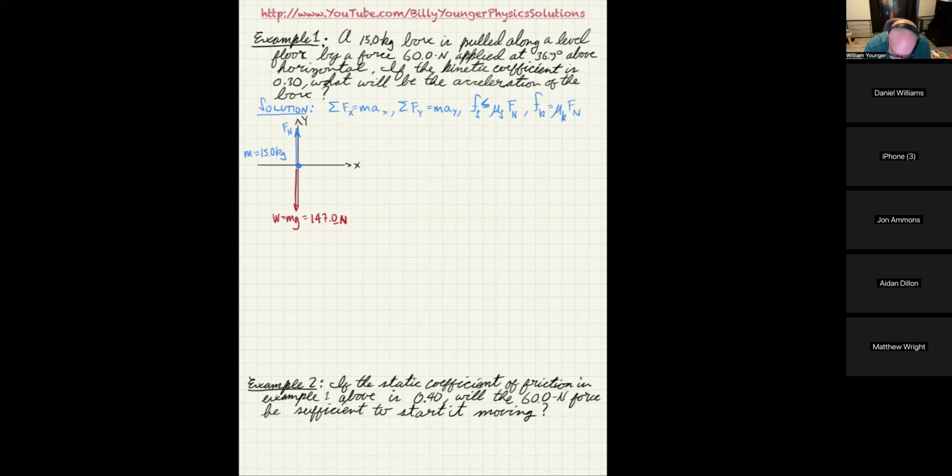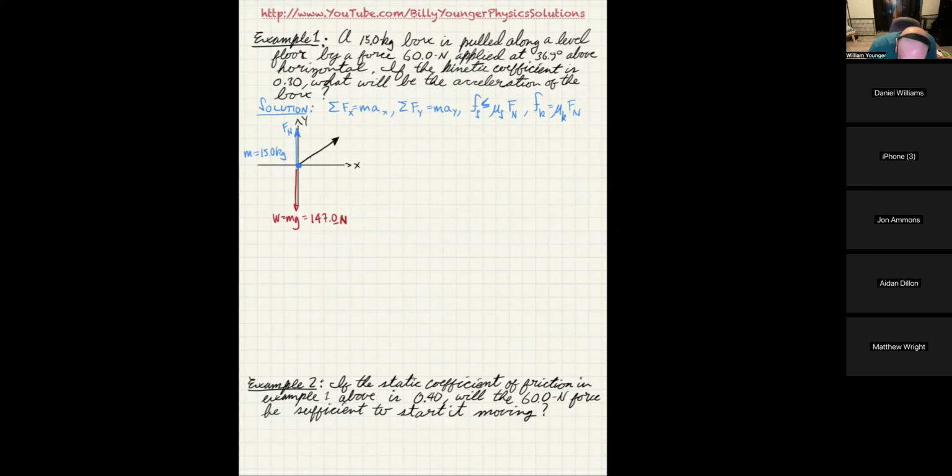The box is being pulled along a level floor by a force of 60 newtons applied at 36.9 degrees. And what I can do with that is, that's not along an x or y axis, so I'm just going to draw it as a black vector. And then I'll make the components whatever colors they need to be so that they're pointing in the specific direction that corresponds to that color.